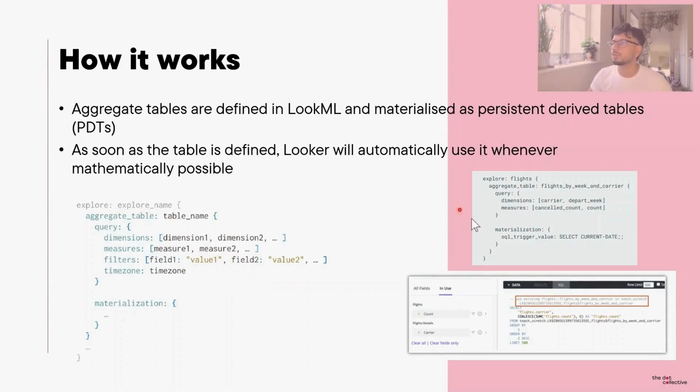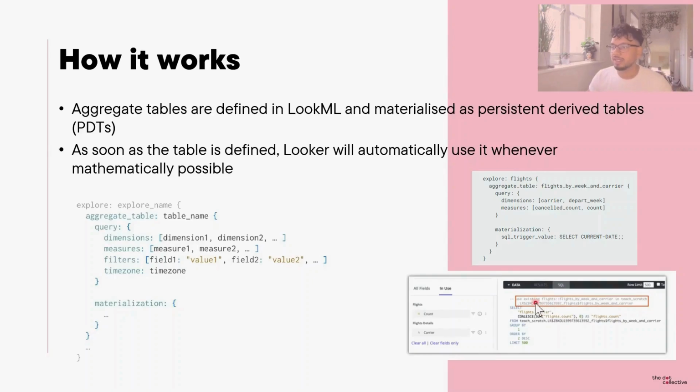And I've got this example on the right hand side here, which is showing actually a really interesting element of this querying of an aggregate table. This example of the flights example, which has these dimensions and measures. The interesting thing here that I wanted to point out is when you run a query, if you go to the SQL, you can see it will comment out that it's using an aggregate table which is coming from a scratch schema.